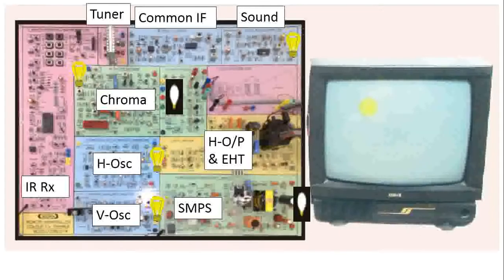For DC analysis, when the kit is in working condition, the DC voltages are measured with the help of a multimeter. For AC analysis, the different waveforms are observed on the DSO. So normally we take the DC voltages on a multimeter and the AC readings on the digital storage oscilloscope available in our laboratory.